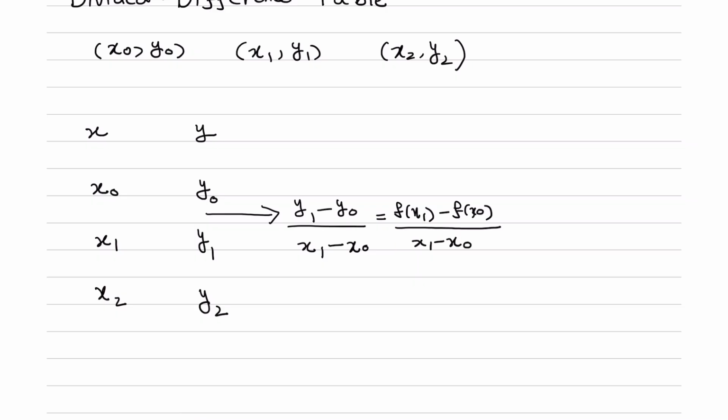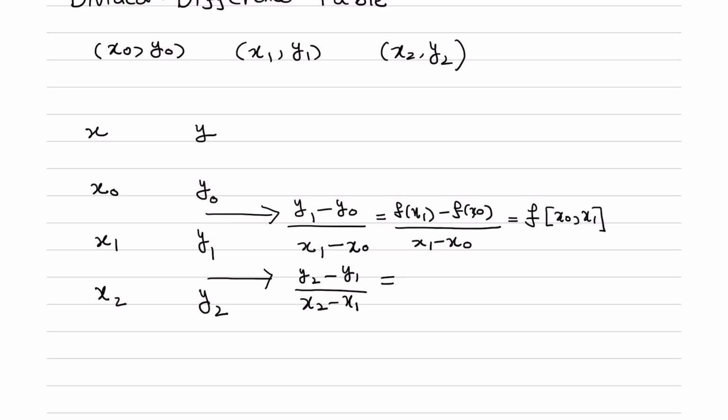If you recall divided difference operator definition, this whole term is f of square bracket x0 x1. Let's calculate the divided difference between y1 and y2. So you put an arrow between y1 and y2. It means you have to calculate the difference between these two y values, always second value minus first, divided by corresponding x values, which are x2 minus x1.